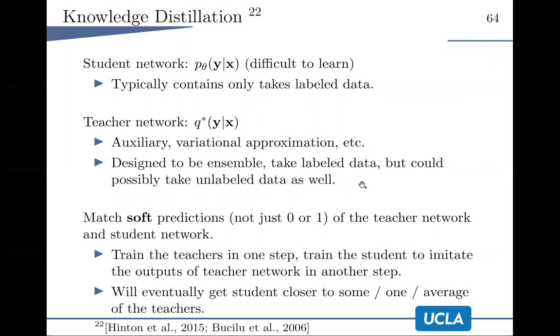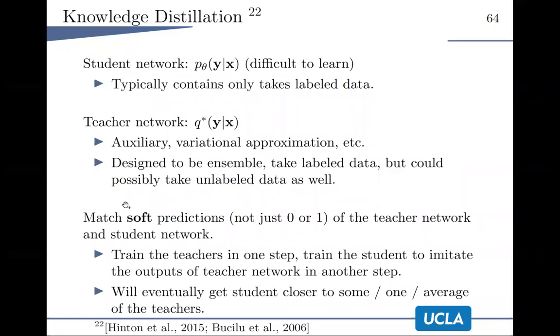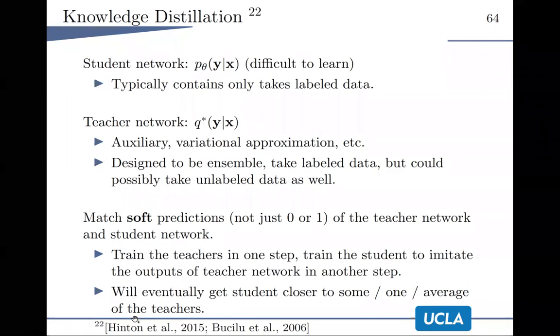It takes labeled data, but could also take unlabeled data. We have some soft prediction from the teacher network, meaning it's not only 0 or 1. We train the teachers in one step, and train the students to imitate the output of the teacher network in another step, eventually getting the student closer to one of the teachers, or the average of the teachers. Related papers are listed here.